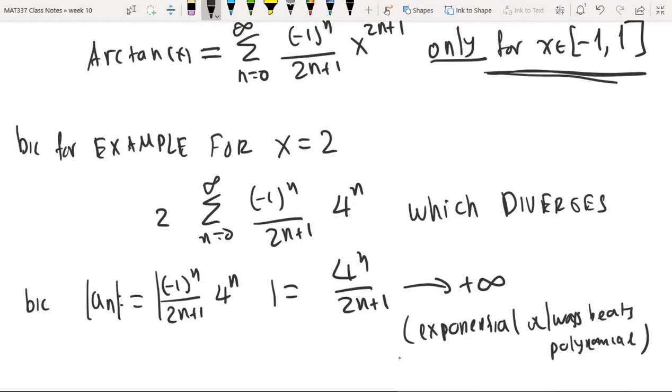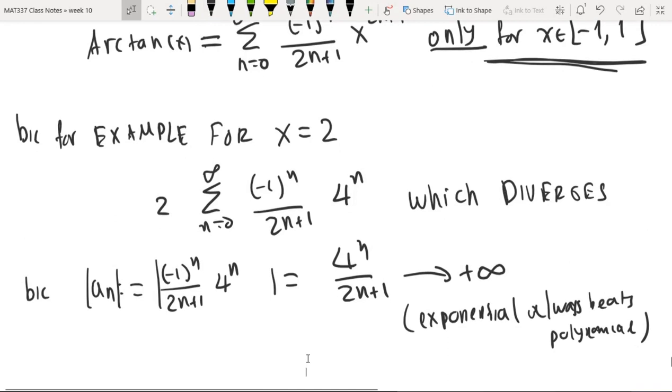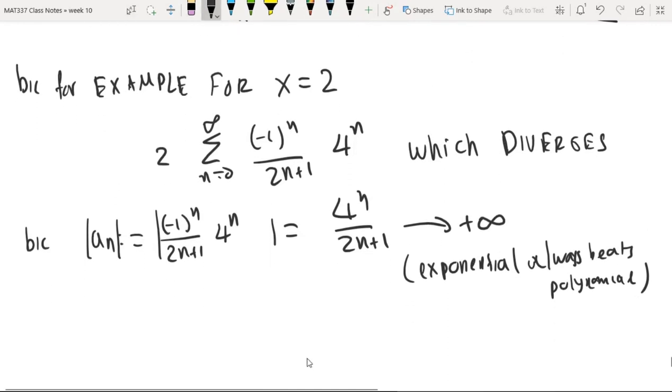For a series to converge, recall that if the sum of a_n is finite, then a_n goes to 0.